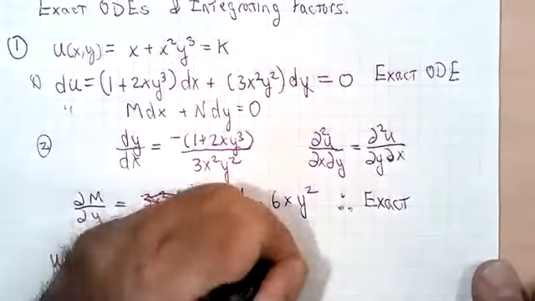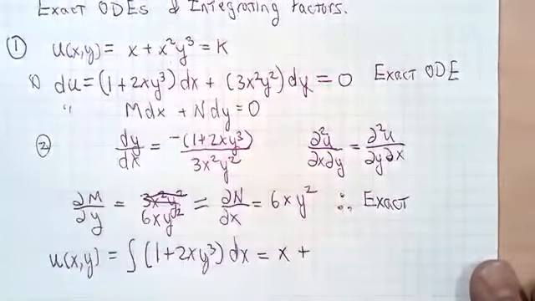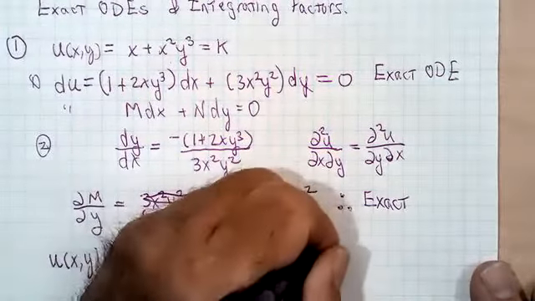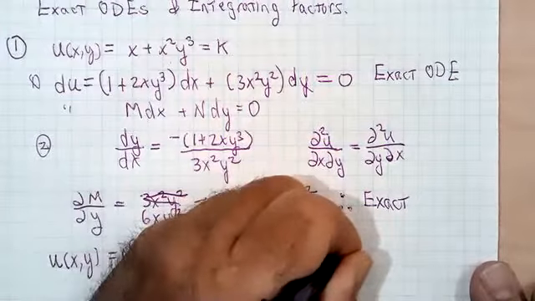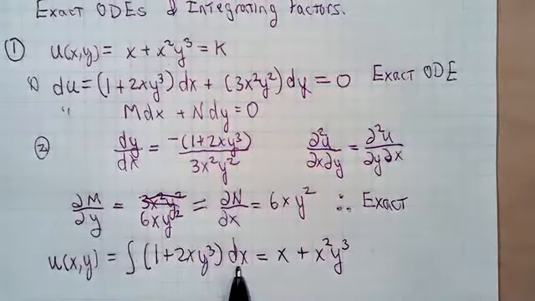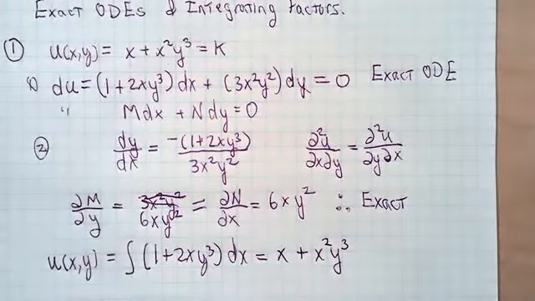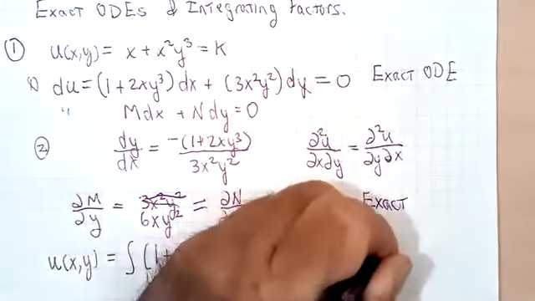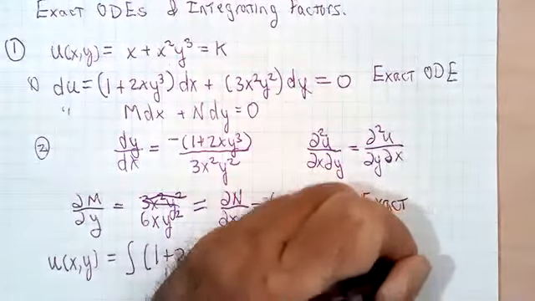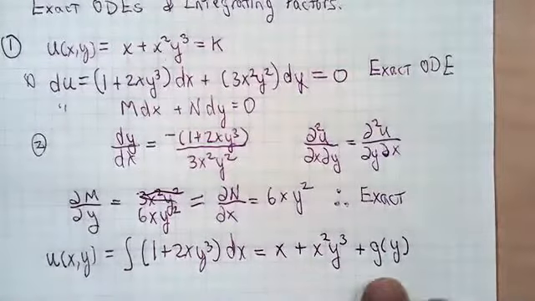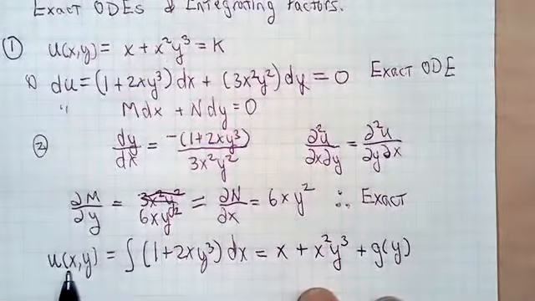So I get x plus, taking the antiderivative of 2x with respect to x, I get x squared. And then when I take the antiderivative with respect to x, there could be another term that's constant with respect to x. That means, of course, any function of y or just constants alone, you don't know which. But once you have this, that's the general form of u.